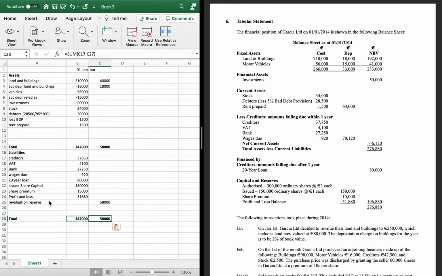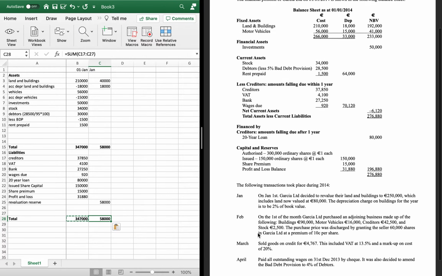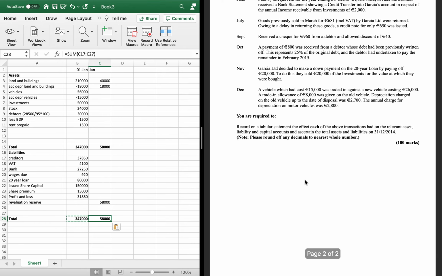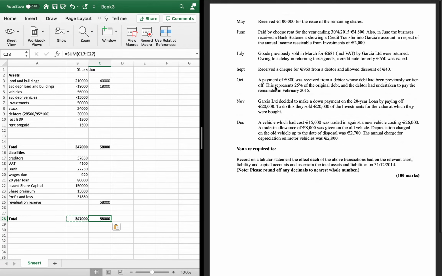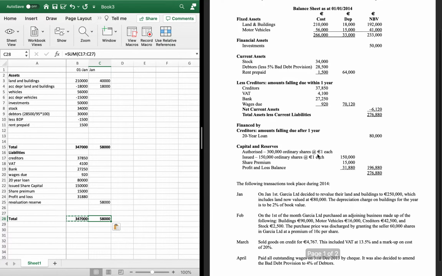Now, this here, the land is at 80,000, and the depreciation charge on buildings for the year is 2% of book value. I would just make a note and maybe highlight that 80,000, circle it, and bring it down to this December working. We're going to do our depreciations at the end of the year. Okay, just remember that. You could do it now if you wanted. I certainly would be holding off until the end of the year.